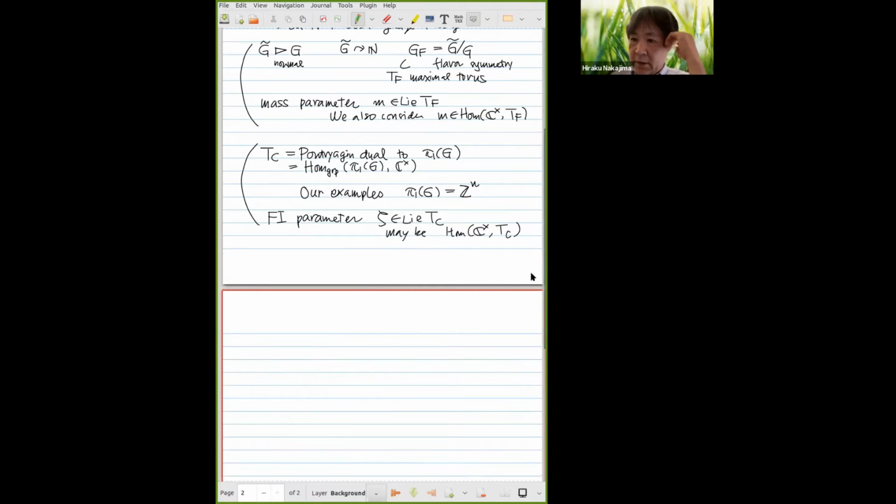Okay, then I first explain the Higgs branch, which is easier to define. The Higgs branch is a symplectic reduction of the symplectic vector space M by G. I use this triple slash notation for symplectic reduction.